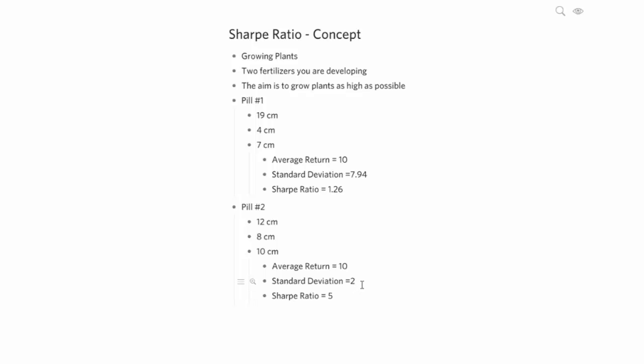So if you want to squeeze out as much return per risk as you are taking, strategy number 2 is better, because even though the return is lower, 5, and the standard deviation is now 1, the return per risk taken is better for number 2, even though the return is lower.